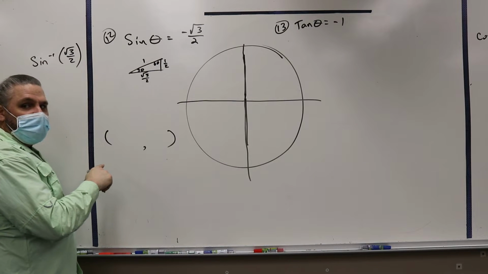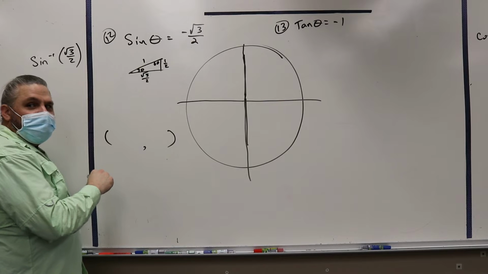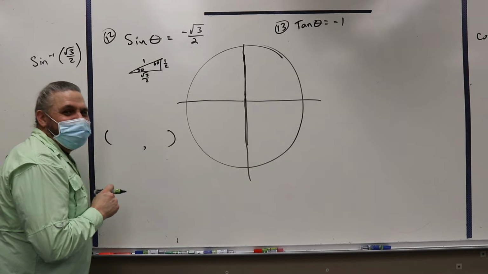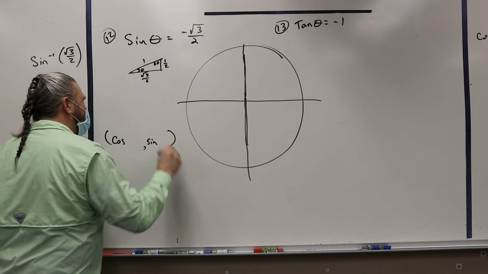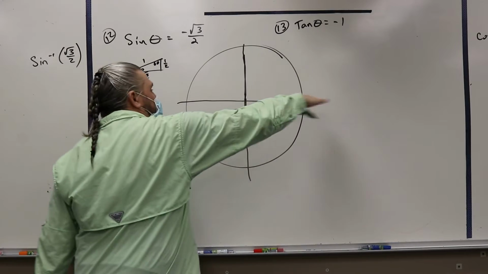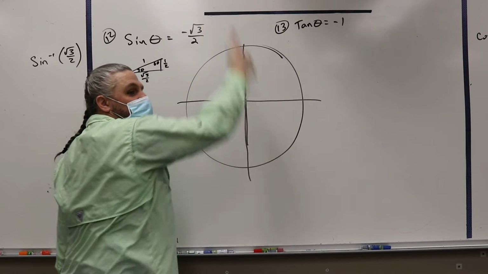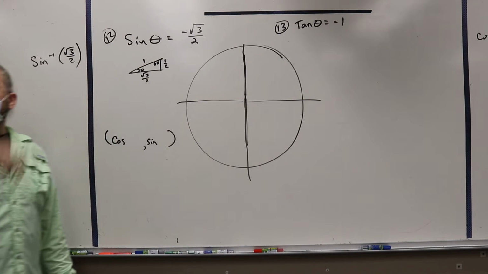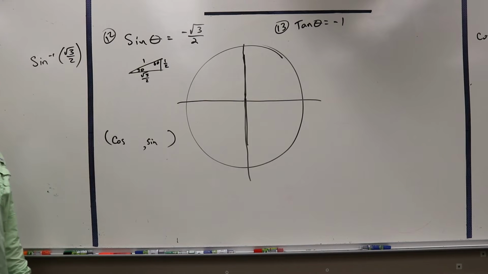X or Y? Remember, cosine is your x, and the sine was your y, your up and down value, right? So the opposite side or the adjacent side.